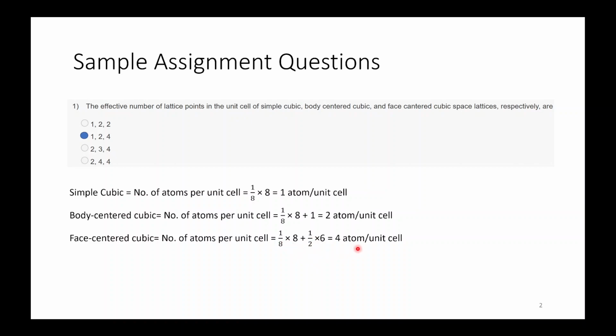So it has 4 atoms per unit cell. Now the second question: the coordination number for FCC crystal structure is. Your options are 4, 8, 12 and 16. What can be the answer? The answer will be 12.